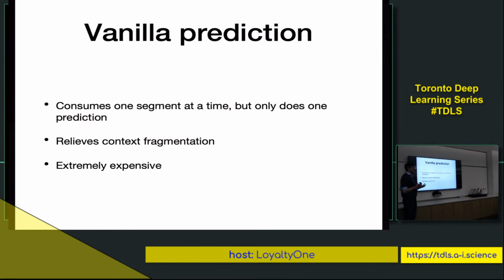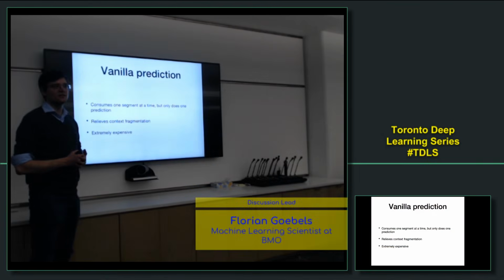So this is very expensive and rather slow. Because you shift only by one, you relieve a little bit the context fragmentation, because now you see every position. This vanilla prediction is also very common if you predict with a recurrent neural network or some other model. So, any questions for this?